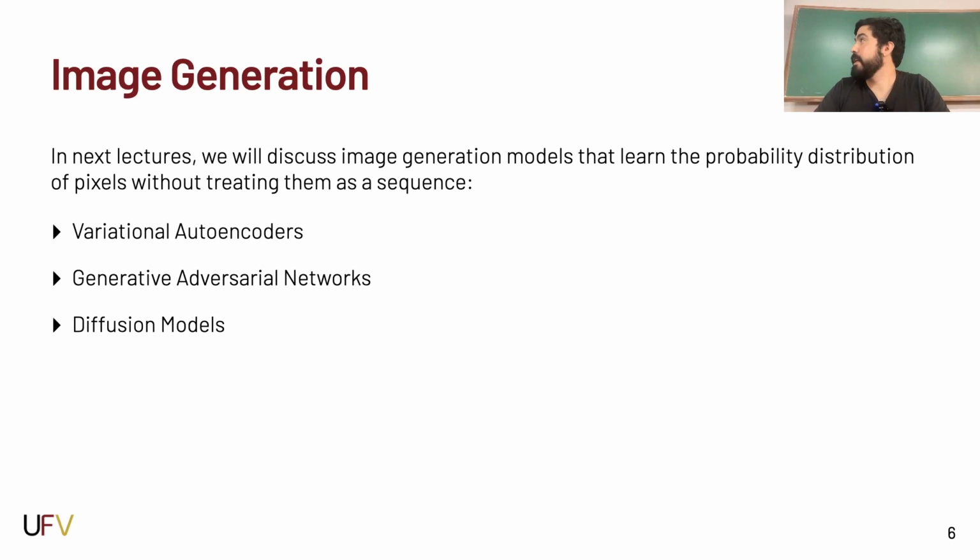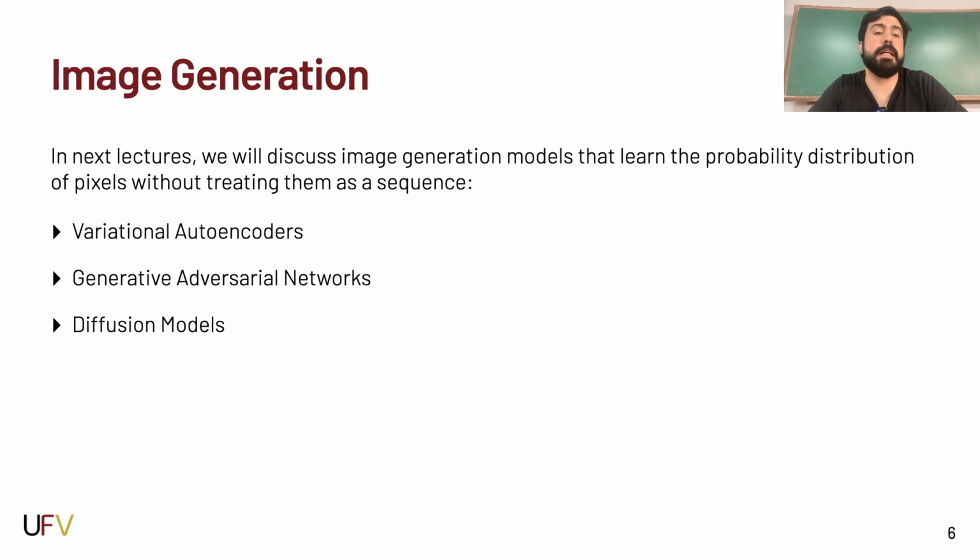If I train my model on a data set of cats, I want to be able to generate new cats. Or maybe I want to generate new fake faces, right? So I could train a model on a data set of faces, and then sample from this distribution and just make fake faces.